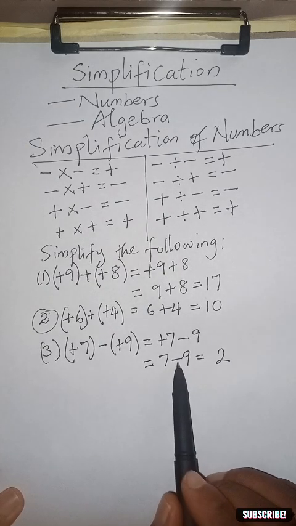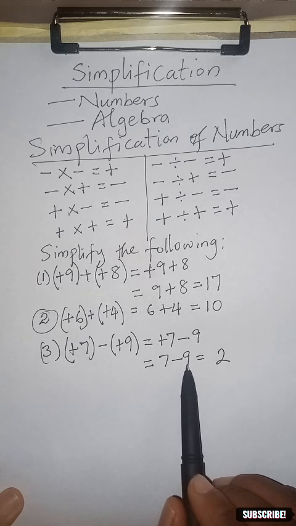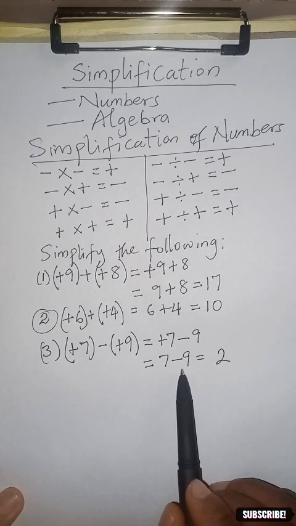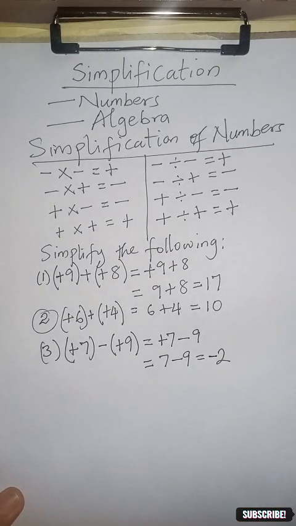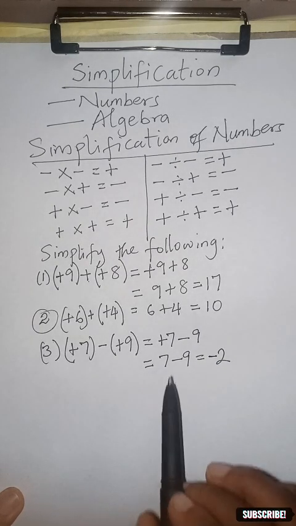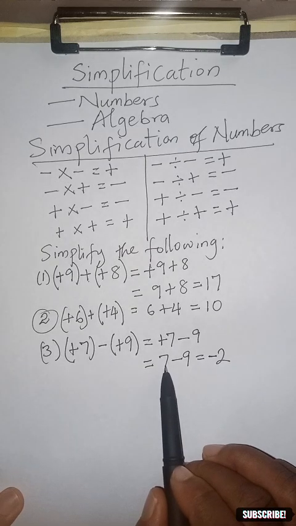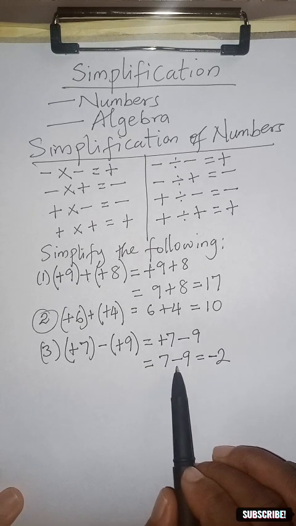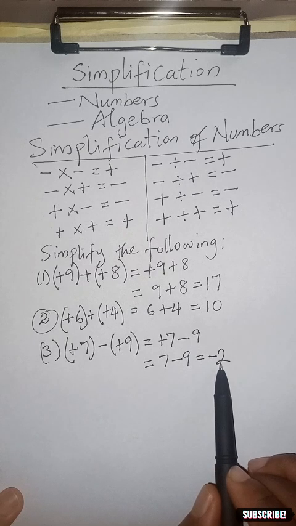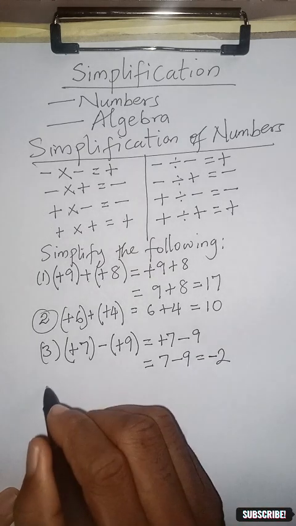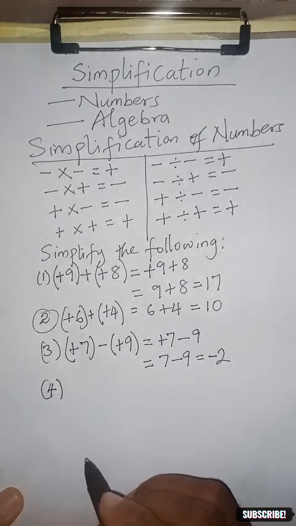But now the sign here, because it's attached to this bigger number, it means my value here will be minus 2. So whenever a smaller number is subtracting a bigger number, it must always have the minus attached to the answer. Let's try another one.